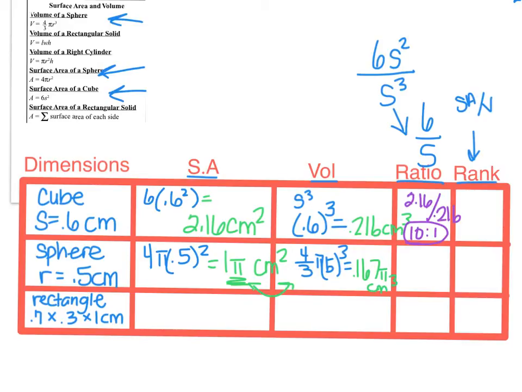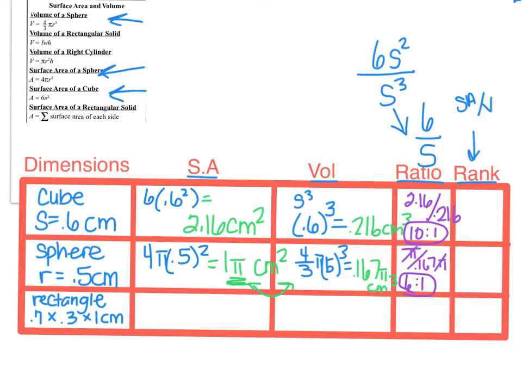Now we're going to calculate our surface area to volume ratio, which is going to basically be pi over 0.167 pi. Pi is going to cancel, and we get 5.988, or we can just round this to 6:1. So we have a 6:1 ratio.